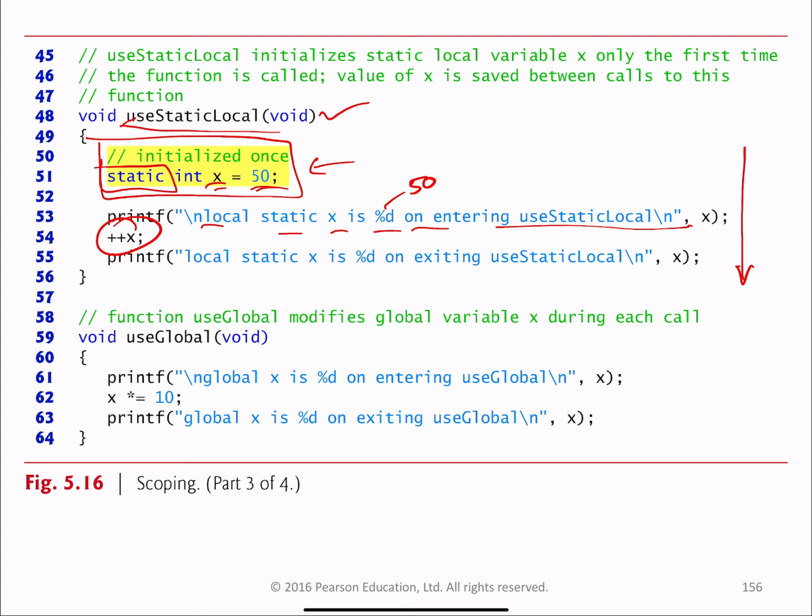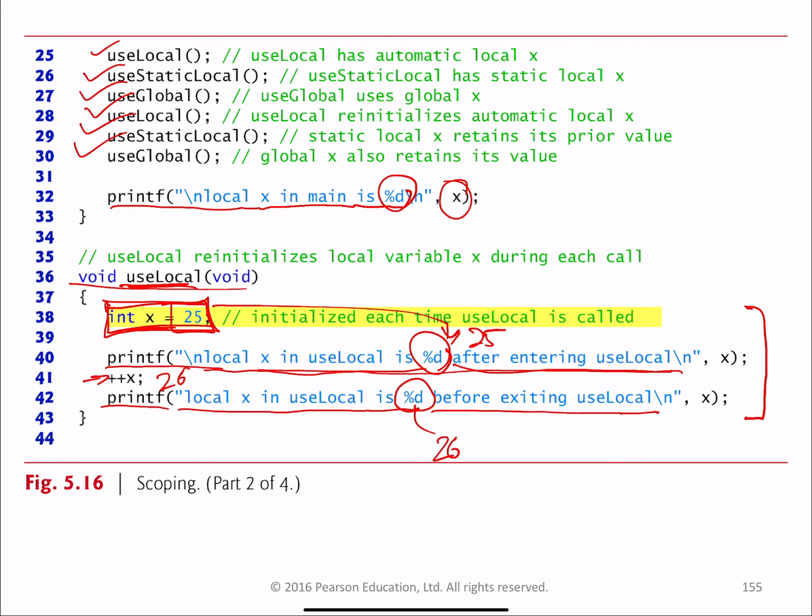Then we increment it, it goes to 51. And then we print out local static x is blah blah on exiting use static local. And here it'll print out 51. So far this is the same as the previous function we looked at, the use local function.